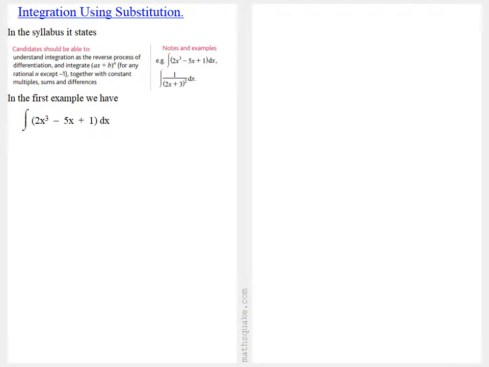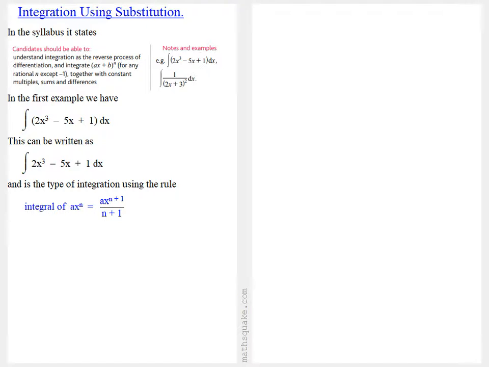In the first example we have the integral of 2x cubed minus 5x plus 1 in brackets. However, that can be written without the brackets. And this type of integration is done using the rule that the integral of ax to the n is ax to the n plus 1 over n plus 1.